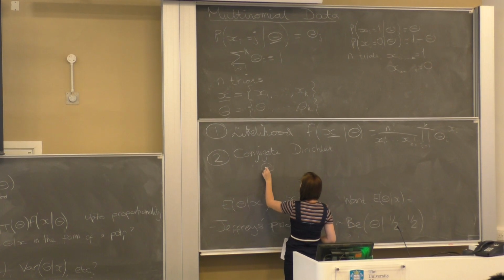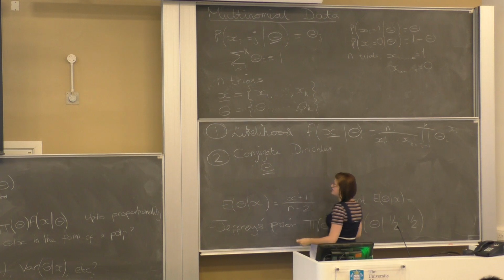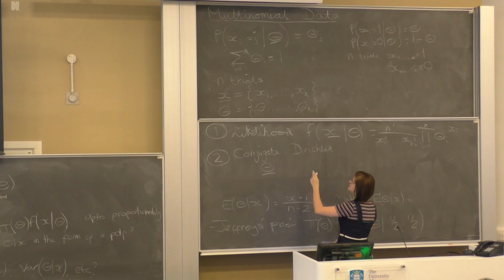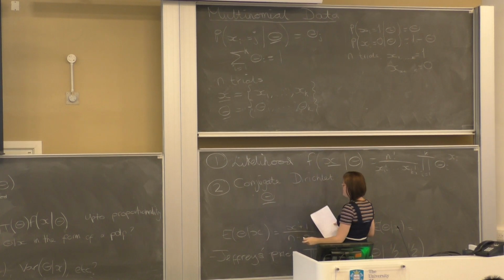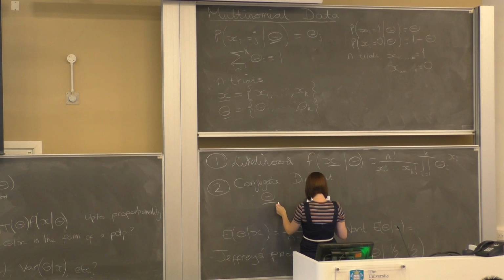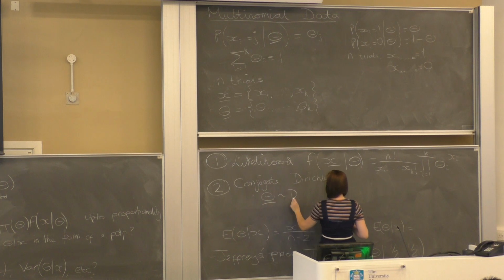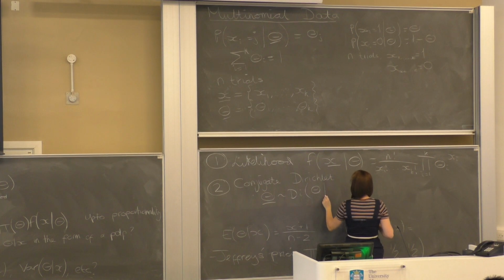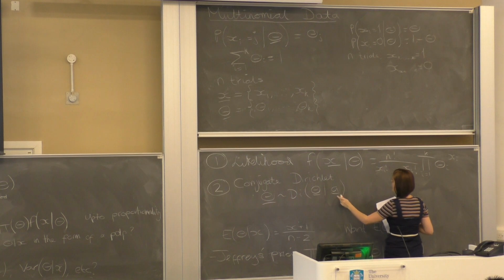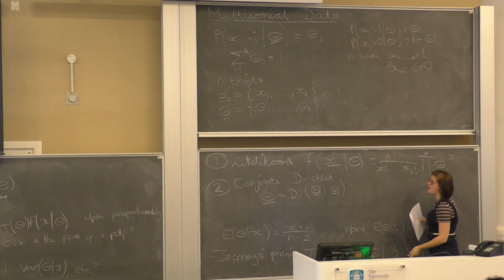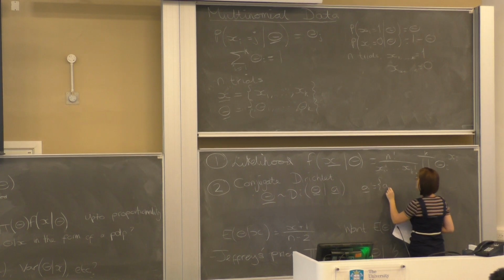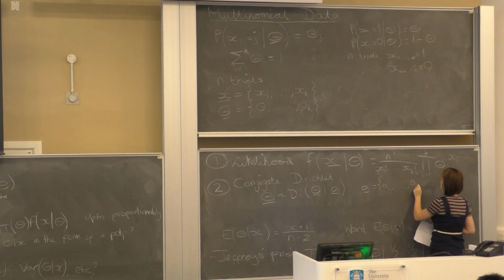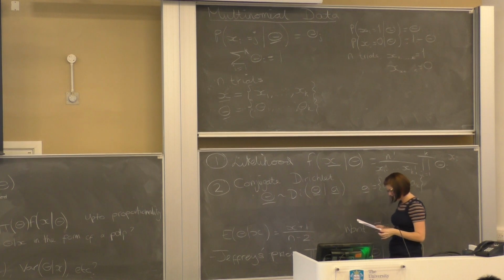If theta, so this is our vector of thetas, remember, that's our probability of success of each of our 1 to k outcomes. And that's going to have this prior distribution where now we have this vector of parameters, one for each of our possible outcomes.